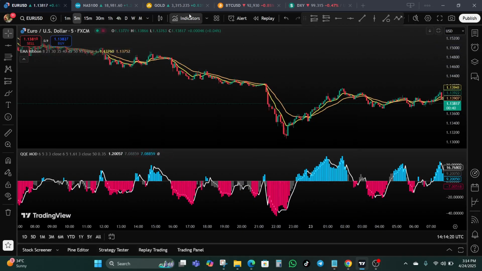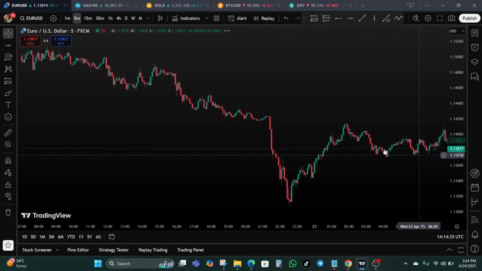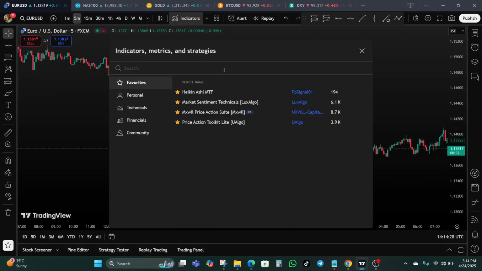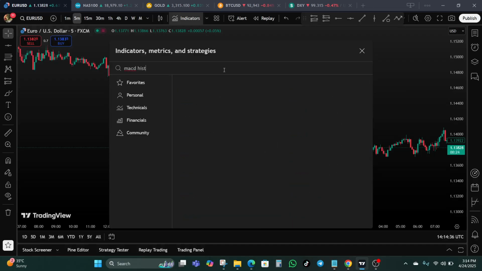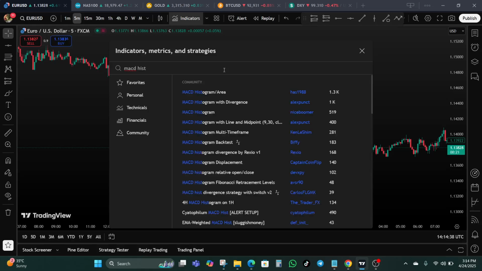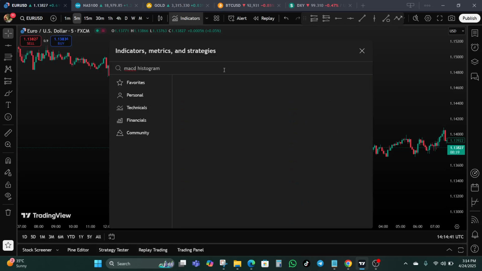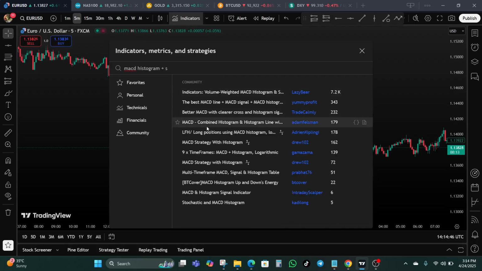Now, the next indicator we're going to be looking at for our scalping strategies is the MACD histogram. Okay, yes, the MACD histogram and signal.